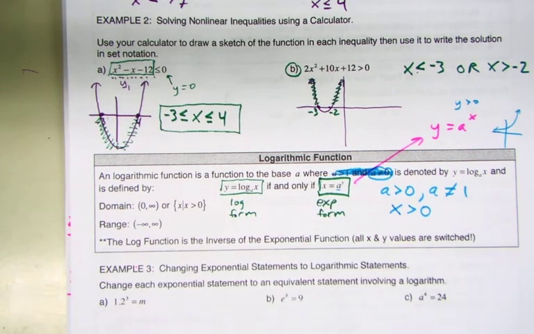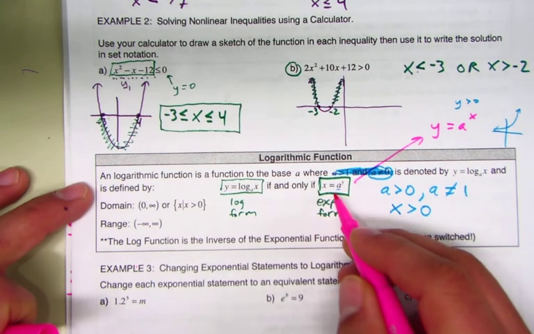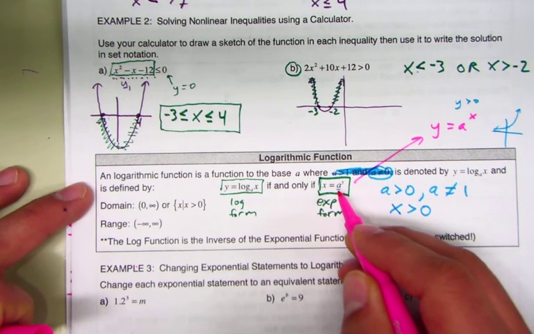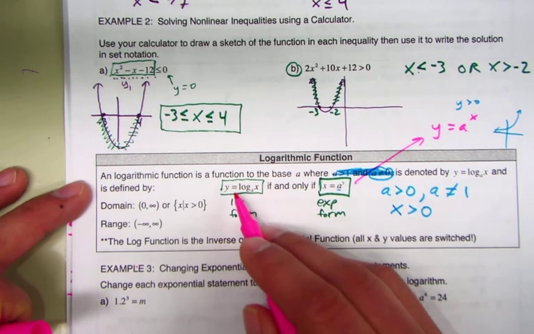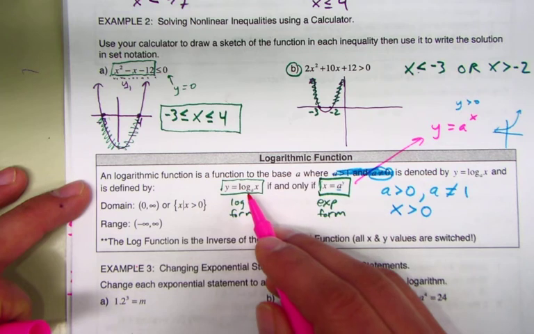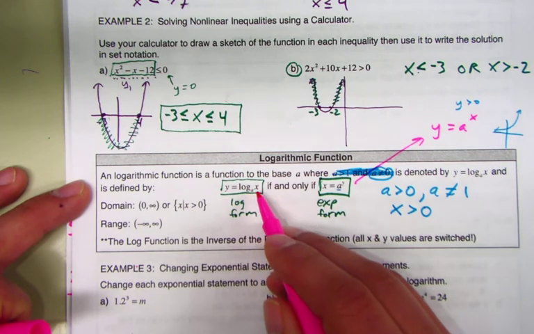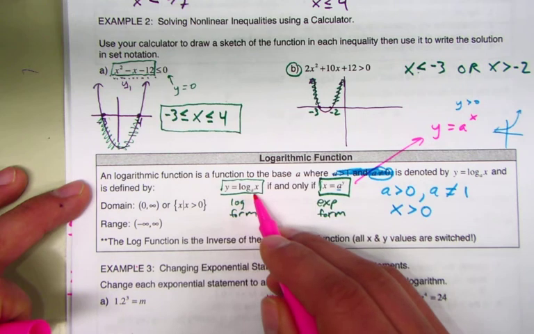Okay? So look, it's very easy to remember. If I asked you what's the base over here, what letter would that be? A. A is the base, right? Looking over here, which letter is the base? It's still A. That little subscript.